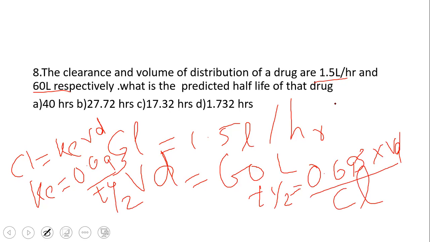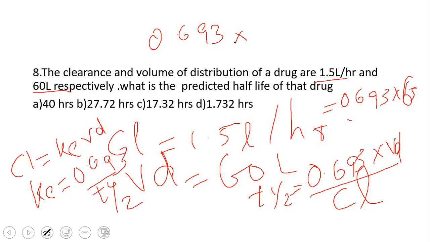So 0.693 into Vd, which is 60 liter, divided by clearance, which is 1.5.